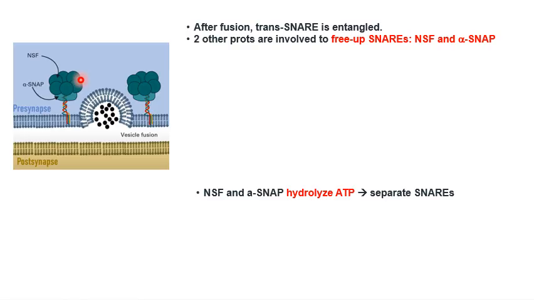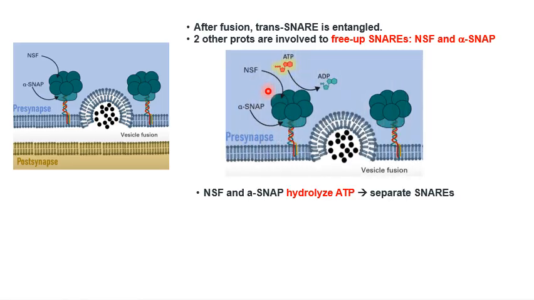They need help. So specifically, they need two proteins. They need this guy that is called NSF, and the other guy is alpha SNAP. It's easy to associate SNAP to snapping the spaghetti away from each other. Okay, so those guys, they have to untangle these snares.